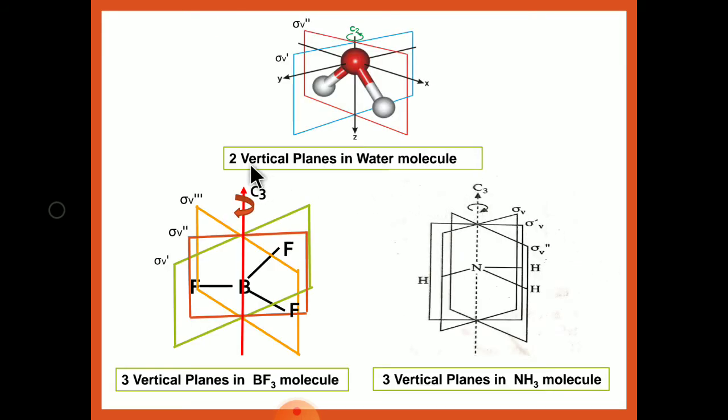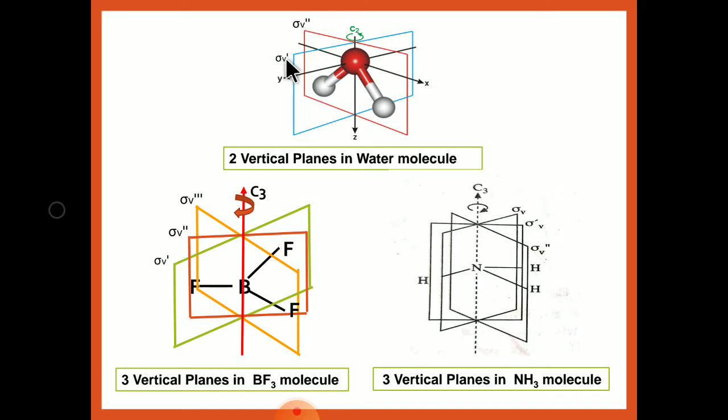Now see here, there are two vertical planes in the water molecule. The first vertical plane is shown by the blue frame and the second vertical plane is shown by the red frame. The C2 axis is passing through the oxygen atom, which is on the Z axis. So sigma V dash is the first vertical plane and sigma V double dash is the second vertical plane.